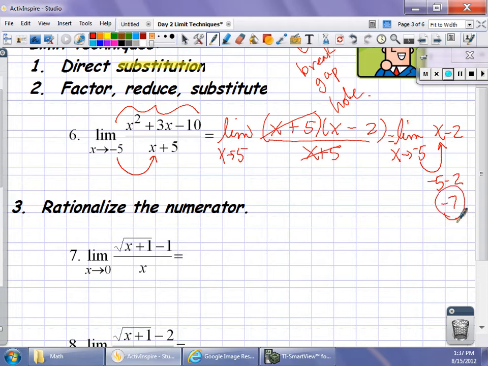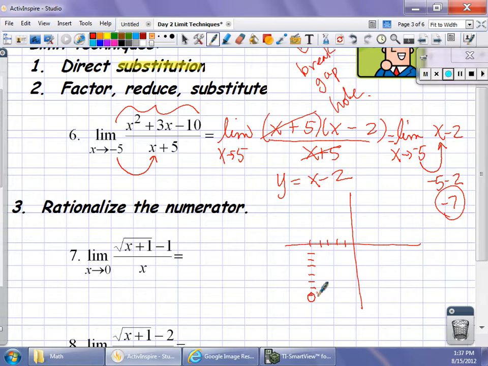Now graphically, what's happening here, you may or may not remember this from pre-cal, after I created that removable discontinuity, what I had left over basically was the function y equal to x minus 2. So from pre-cal, you'll remember that at negative 5, I would have an open circle at negative 7, here.